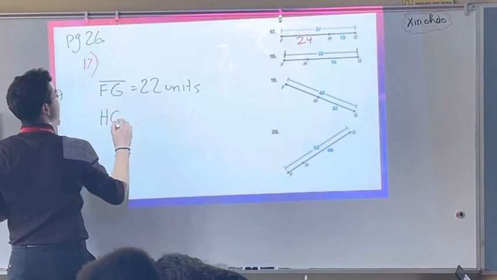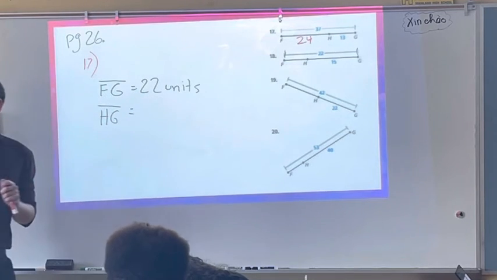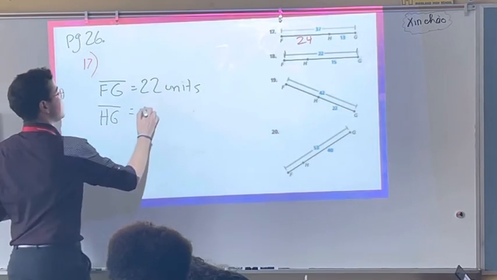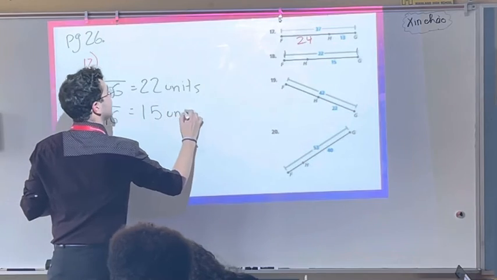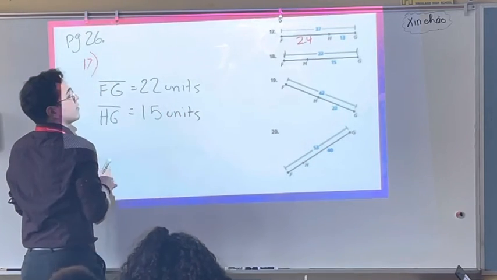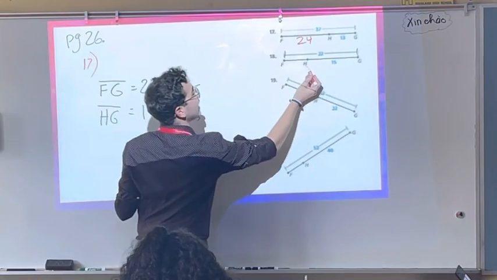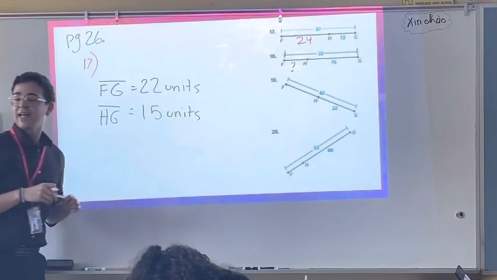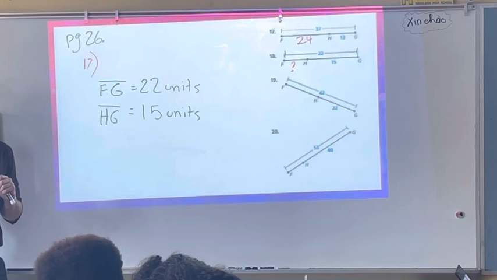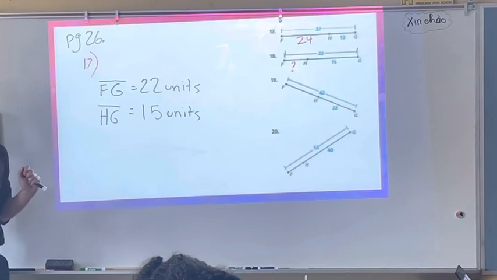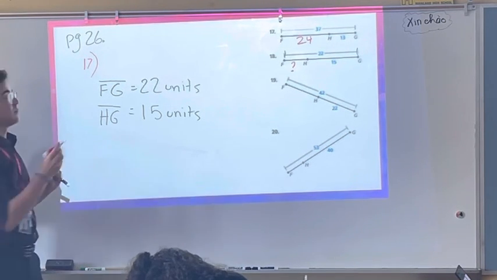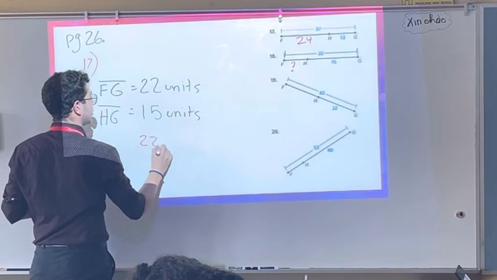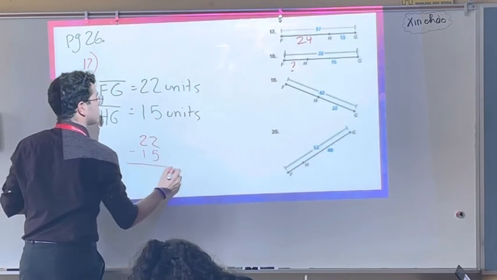What is the distance of HG, the line segment? 15 units. So, we have 22 for the total, HG for the segment, and we're missing FH. How would we find FH? Subtract what from what? So we'll do 22 minus 15.